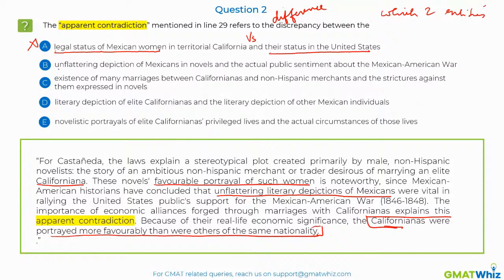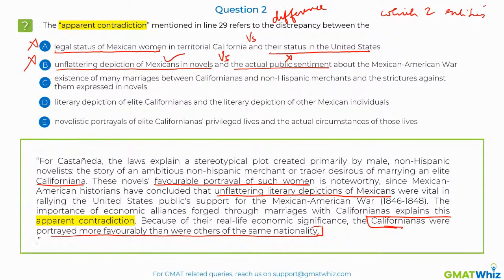B: unflattering depiction of Mexicans in novels. Yes, this is correct. Versus the actual public sentiment. No, that's not the contradiction. The contradiction is between Mexicans in novels and rich Mexican women in novels. So B comes close, but it's not the answer.